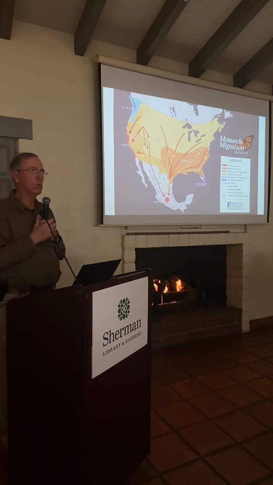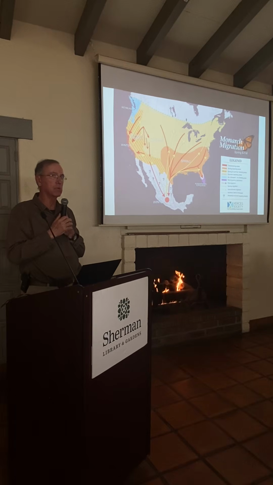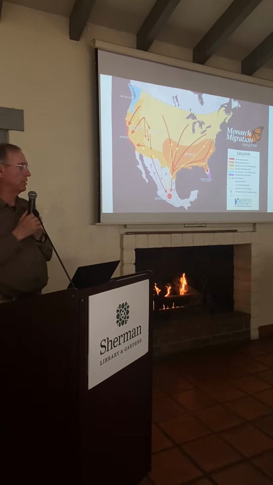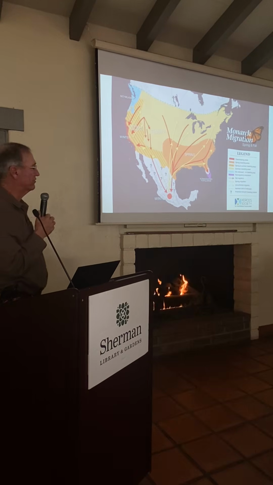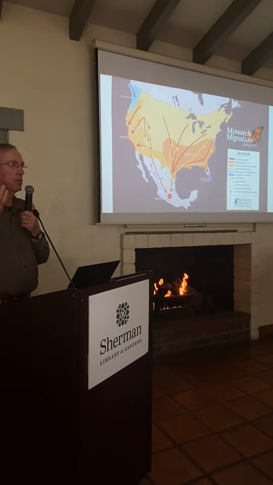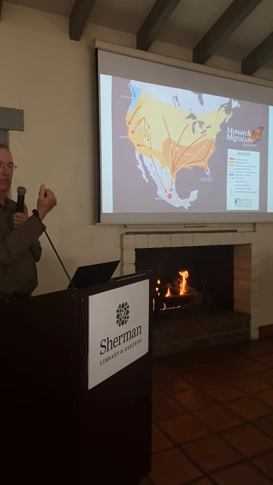This is one of the more important slides to understand monarch migration and monarch patterns. And to some of you, this is going to maybe surprise you. Some of you already know this, but we have two populations of monarchs in North America. Monarchs, by the way, are an American species.